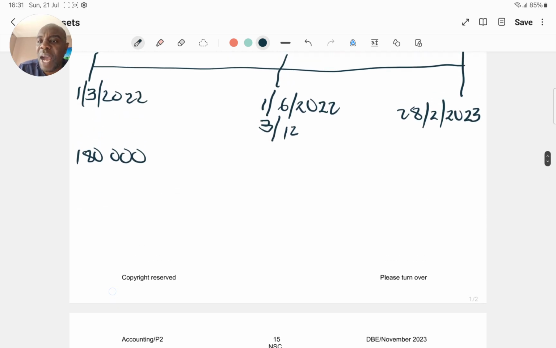You look at the cost of the asset at the beginning of the year, or rather the historical cost, which is 180,000. At the beginning of the current financial year, what was the accumulated depreciation? Remember, we bought this asset sometime in March of 2020, so we have been using it. When we start the current financial year, how much value has this asset lost?